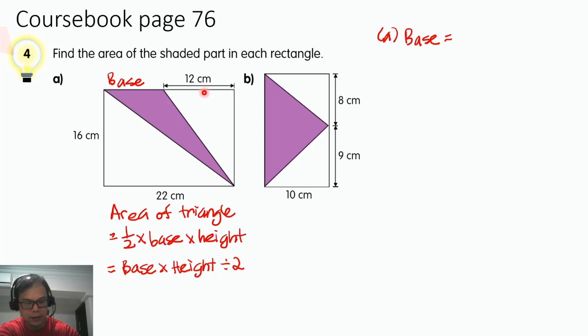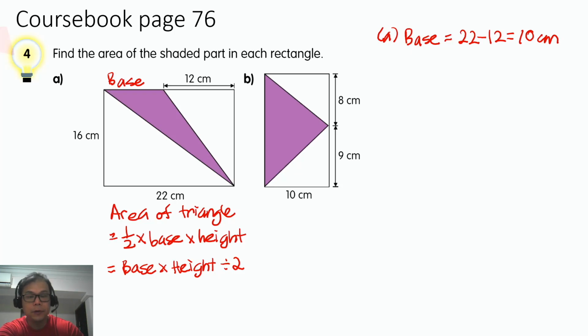So this length, because it's a rectangle, will also be 22 centimeters. And if this is 12 centimeters, I want to find this length, I just take 22 minus 12. So 22 minus 12, I'll be left with 10 centimeters. So that is the base of the triangle.